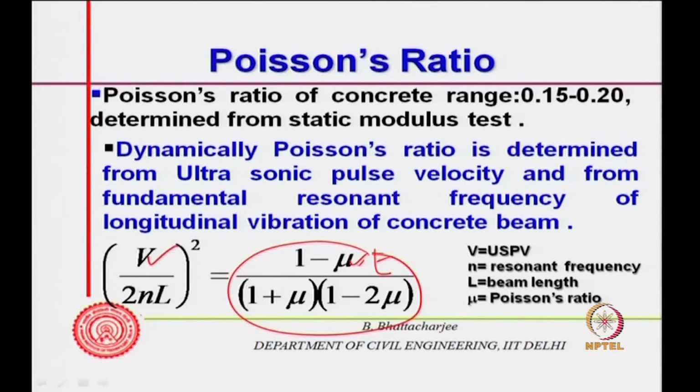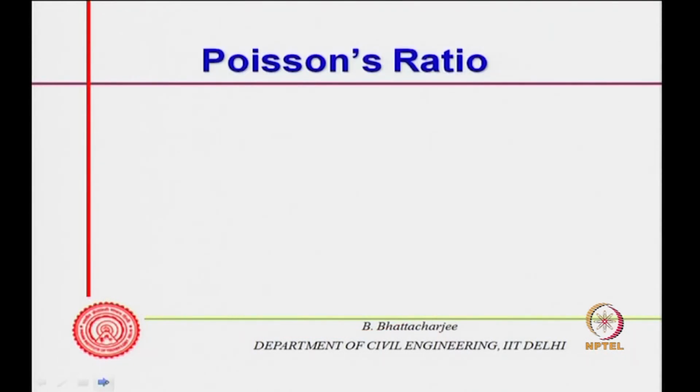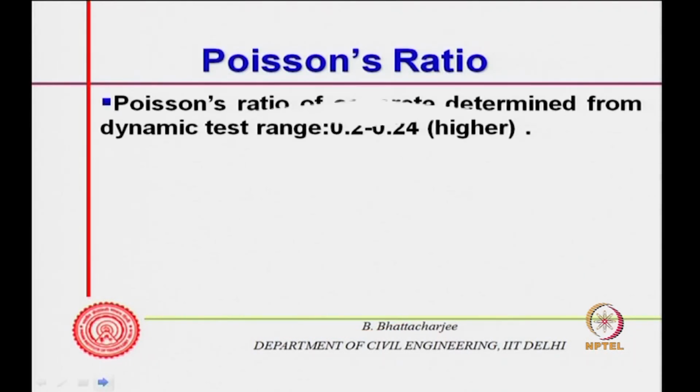So, velocity, frequency, and length are related to the modulus, and Poisson's ratio is related to that as well. So, this involves the pulse velocity, resonant frequency, beam length, and Poisson's ratio, and from that one can find out Poisson's ratio. So, from dynamic testing also you can find out Poisson's ratio.